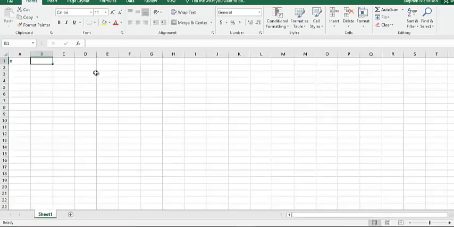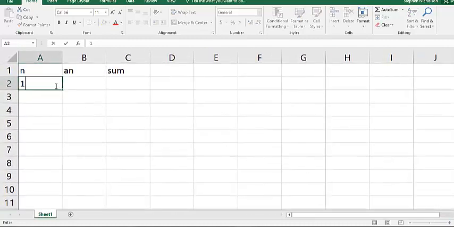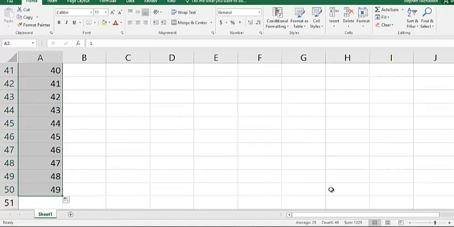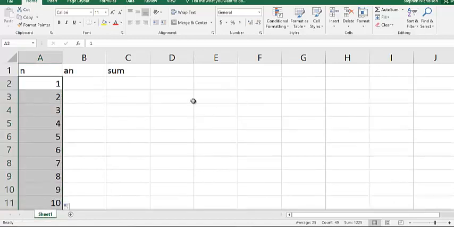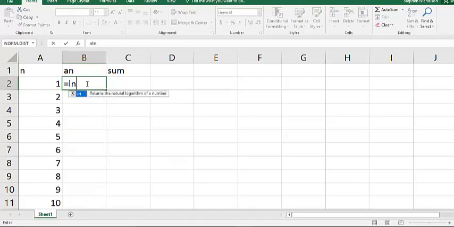So we'll have n, we'll have a sub n, we'll have the sum, and we'll start with n equal 1, 2, so a sub n is equal to the natural log of n divided by n squared.